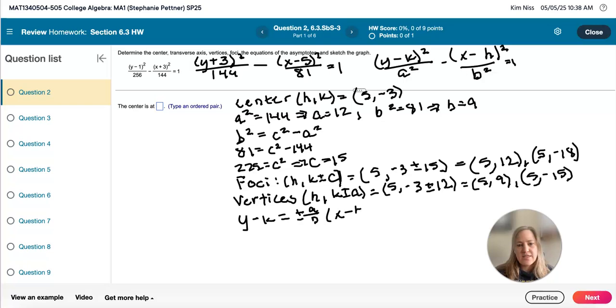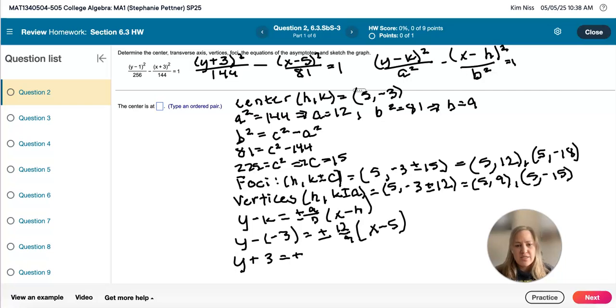It's just a matter of plugging in and simplifying a bit. k was −3, so we have y minus −3 equals plus or minus a, which we found was 12, over b, which we found was 9, times (x − h), where h was 5, so x − 5. Now we simplify a bit: y plus 3 equals plus or minus 12 over 9, which simplifies to 4 over 3, times (x − 5).